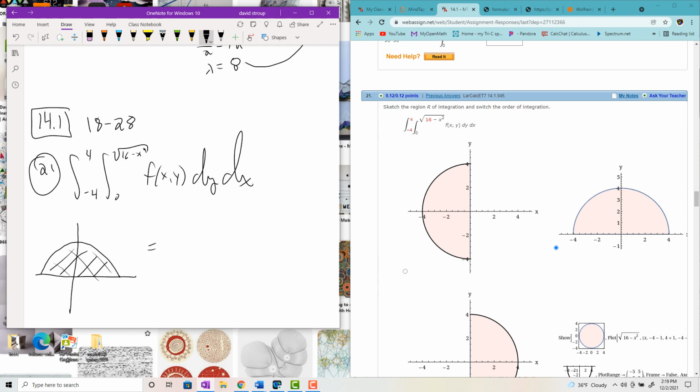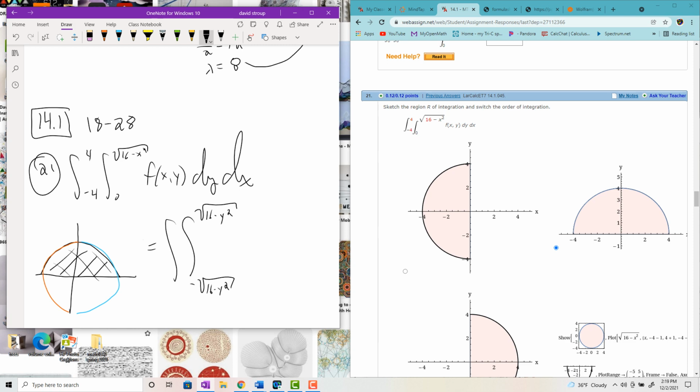Changing the order of integration, then I have to integrate from basically x equals this curve, which is negative square root of 16 minus y squared, to this curve, which is positive square root of 16 minus y squared.